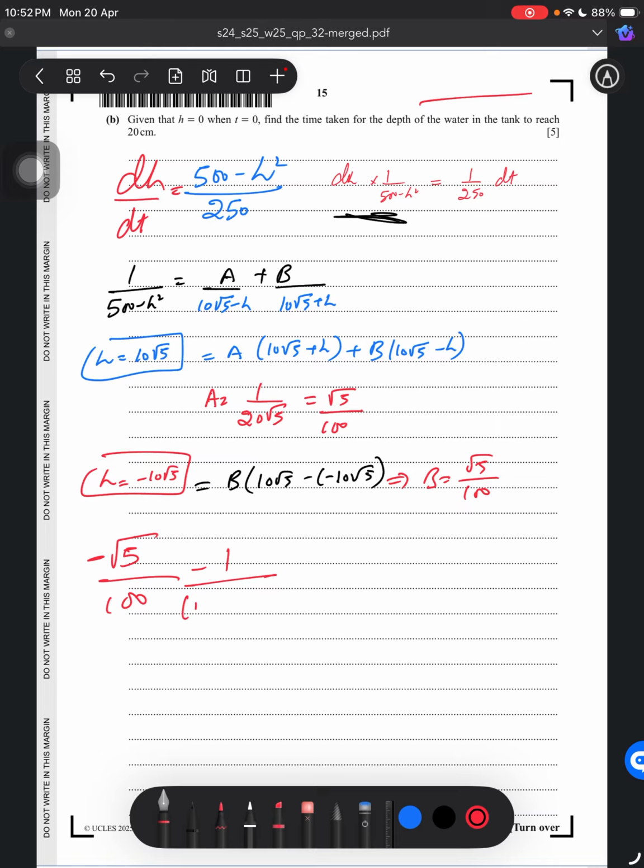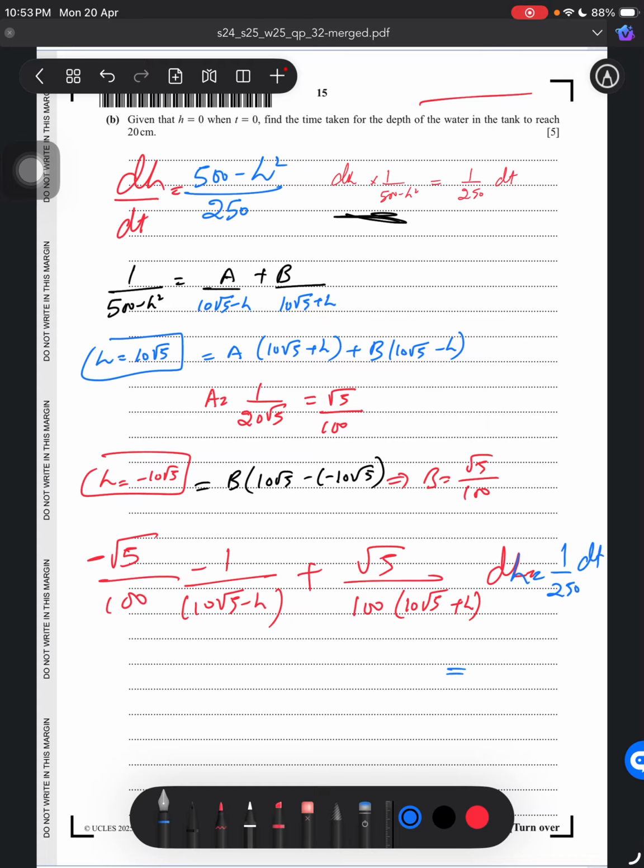The other value for a was root 5 over 100 and the other value stays as it is, under root 5 plus h, and dh, and that was equal to 1 over 250 of dt.